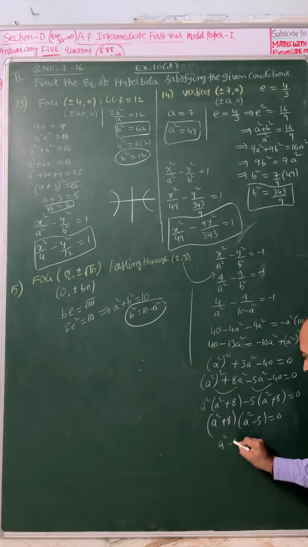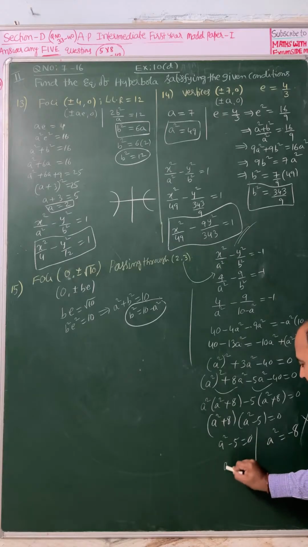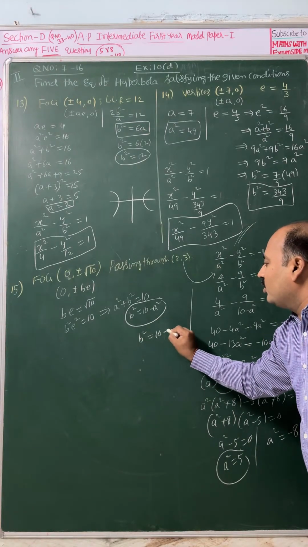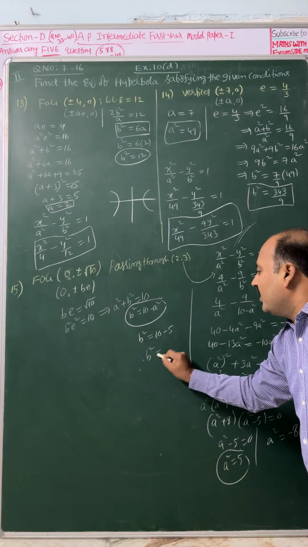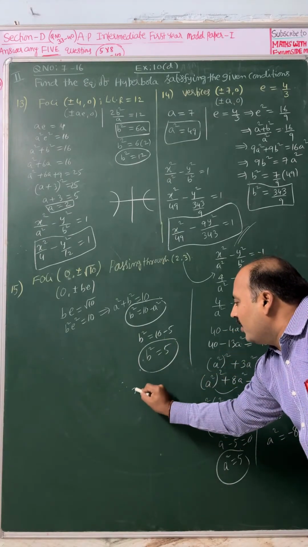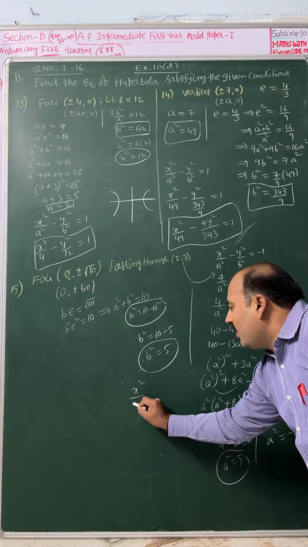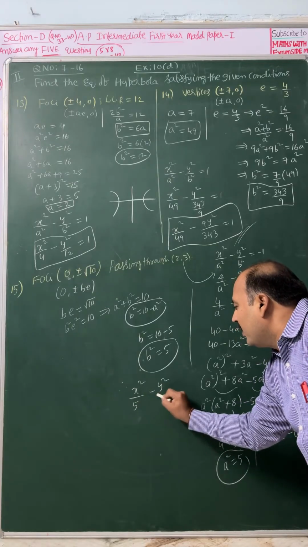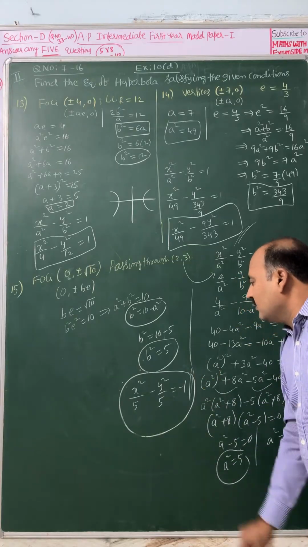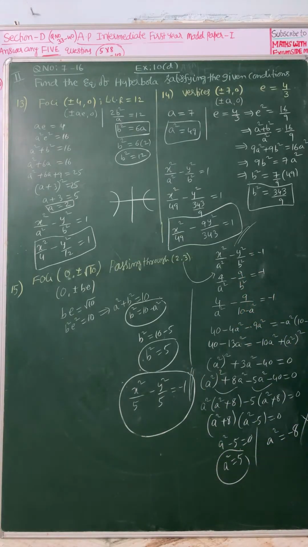So (a² + 8)(a² − 5) = 0. a² = −8 is not possible. So a² = 5. Substitute in this: b² = 10 − 5, so b² = 5. Therefore the required equation of the hyperbola is x²/5 − y²/5 = −1. I hope you understand this, students.